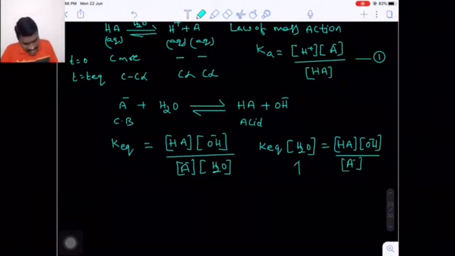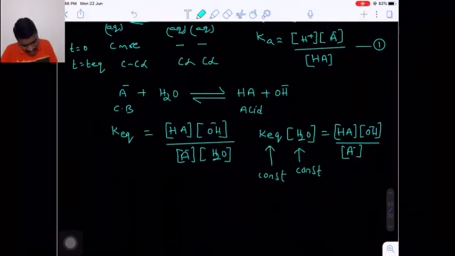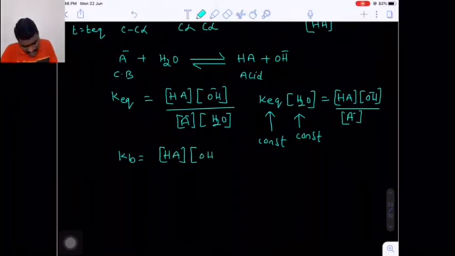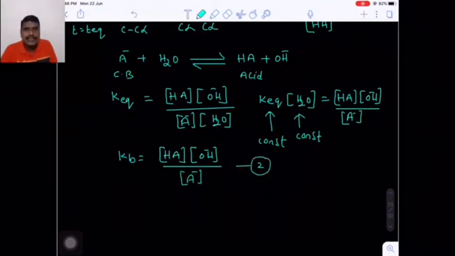Now this is a constant. The product of these two will be again constant, which is known as Kb, base dissociation constant, base ionization constant, which is equal to HA concentration multiplied by OH minus ion concentration whole divided by A minus ion concentration. Let's suppose this is equation number 2.